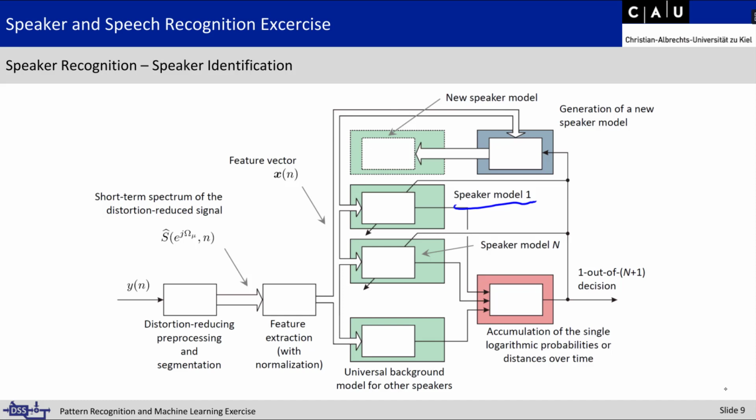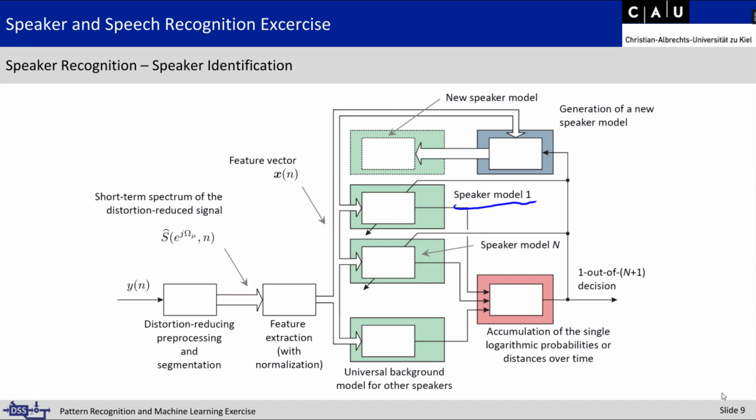But if we have a lot of verifications or identifications over time, we can adapt our model, because we have more and more new data. Every time that speaker gets identified, we have a new set of feature vectors that pretty much verified that speaker, so we can use it for training.